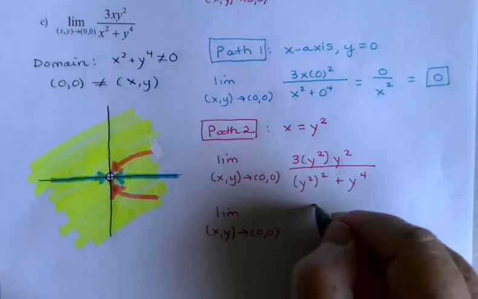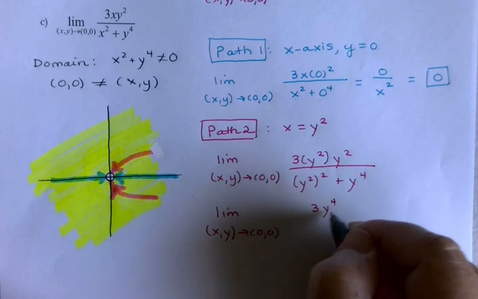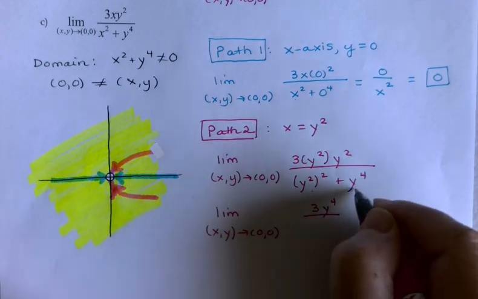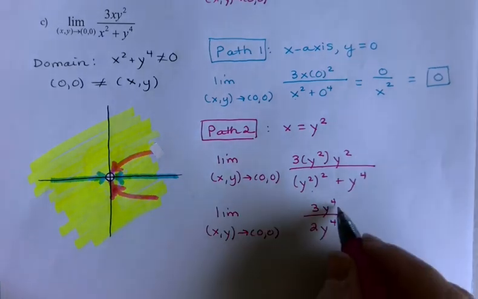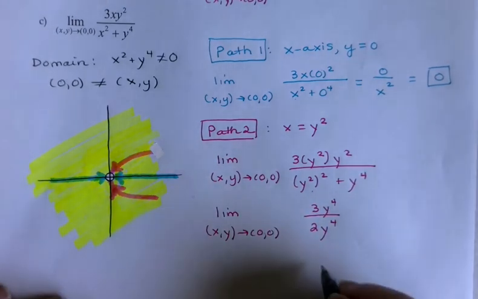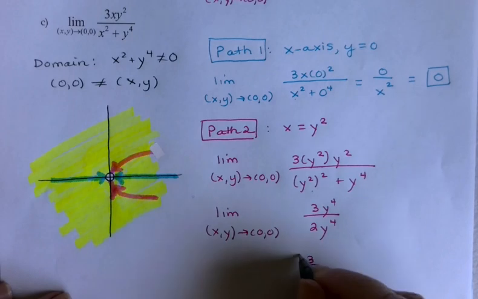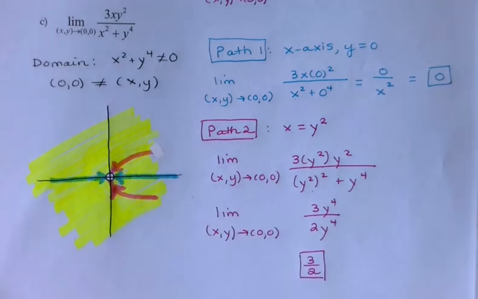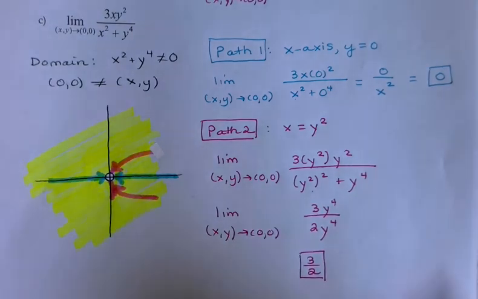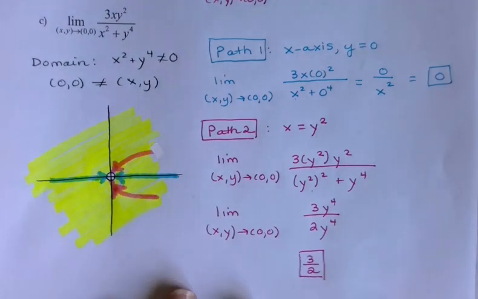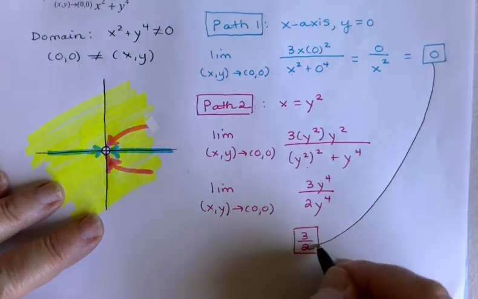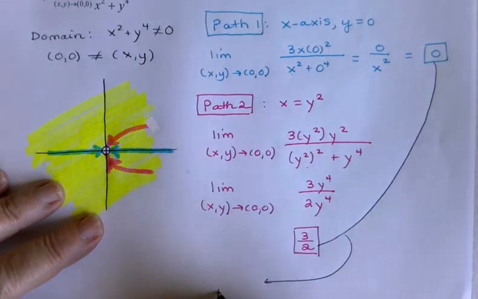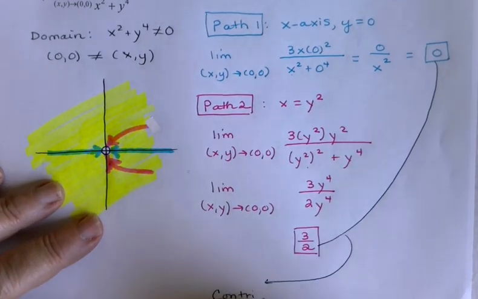Which is going to give me 3y to the 4th on top, and y to the 4th plus y to the 4th, so 2y to the 4th on the bottom. And now I'm able to divide out those y to the 4ths, so I get a limit of 3/2. Again, there's my contradiction. Since I got two different answers along two different paths, I can say that the limit does not exist.